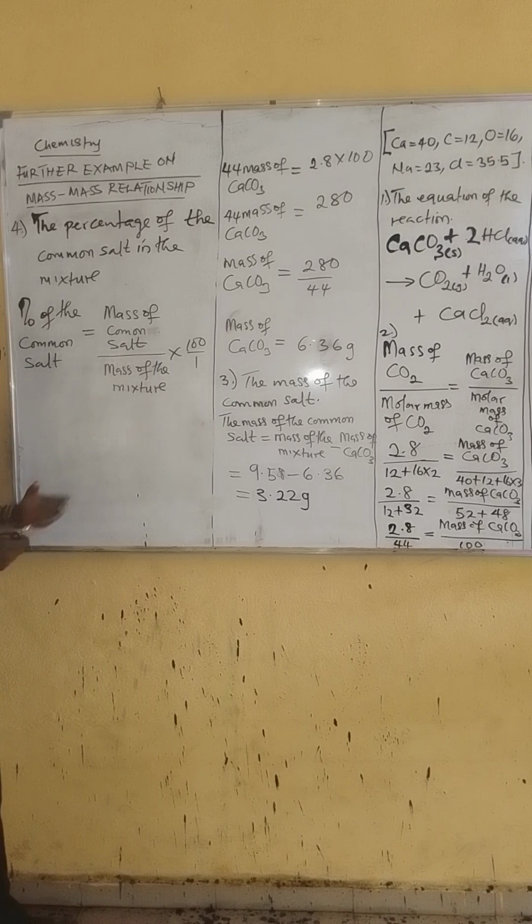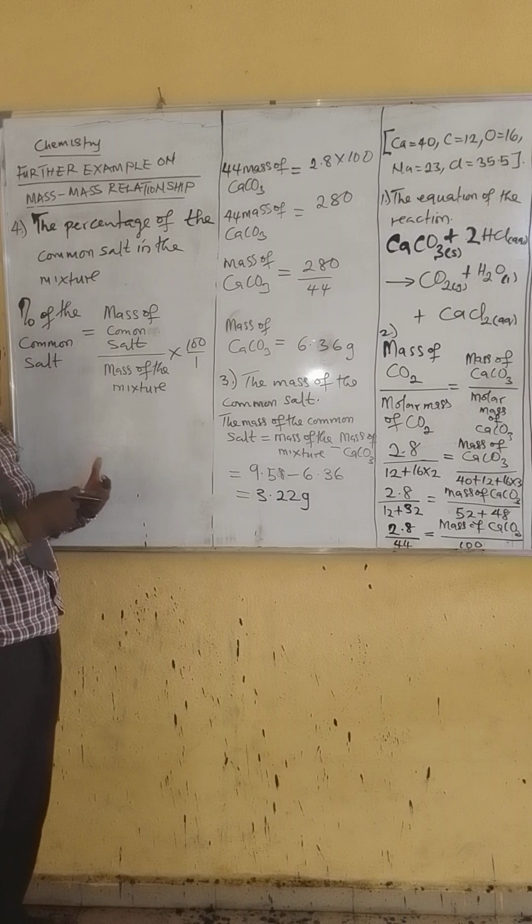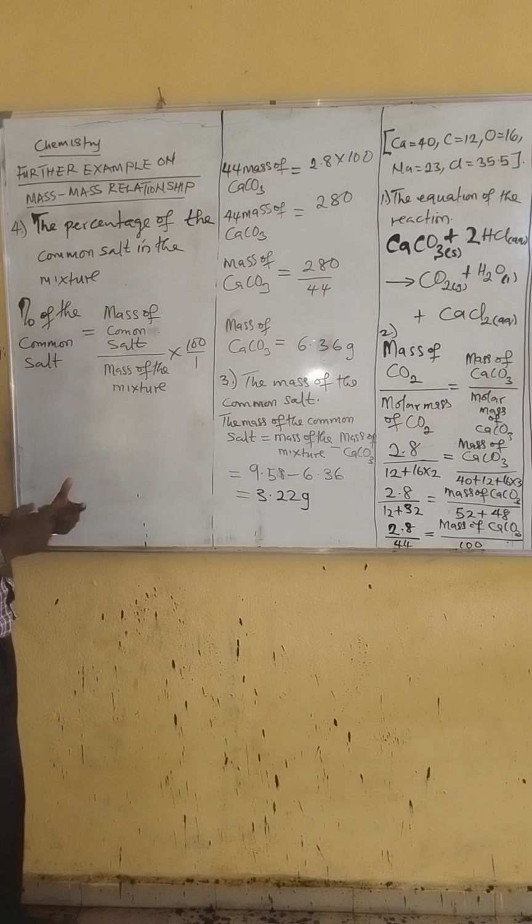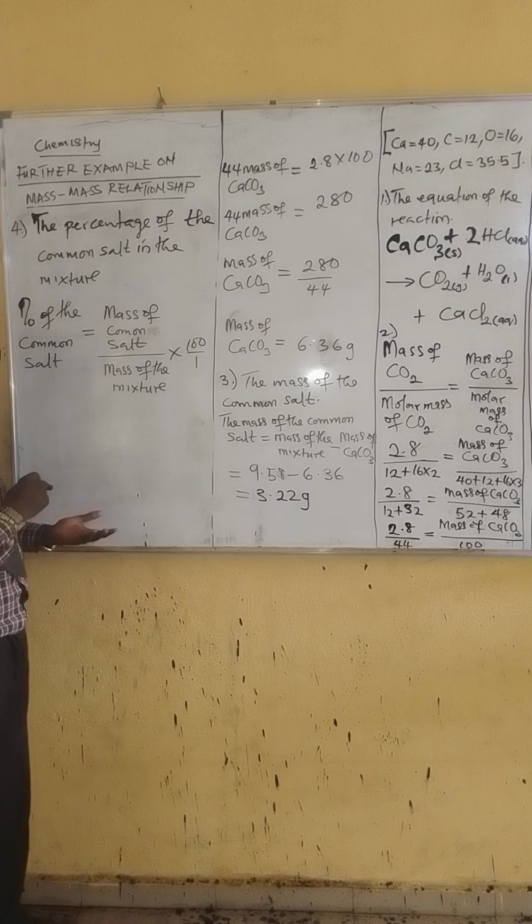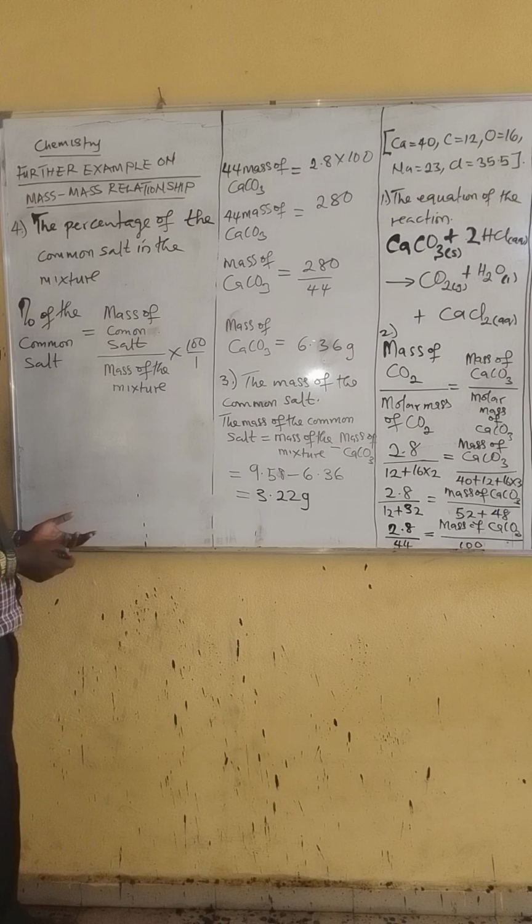Then you say times 100. For example, you want to look for, in a class of 10 students where 3 are girls and 7 are boys, they say find the percentage of boys. That's number of boys over number of both boys and girls times 100. The same thing is here. You have sodium chloride and calcium carbonate mixed together.